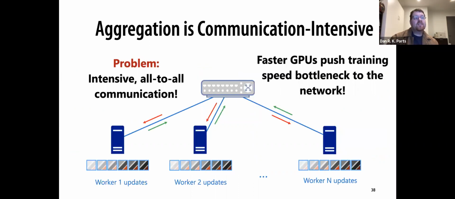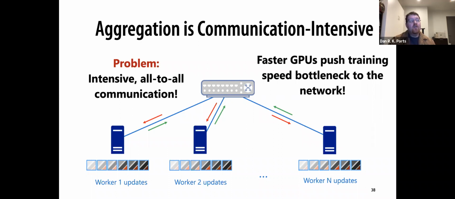So the problem is this aggregation phase. What's going on in this aggregation phase, conceptually, is that each worker needs to send its model update to all of the other workers so they can compute the average. Now, this isn't actually an n-squared all-to-all communication in practice, because there are various strategies like parameter servers and ring all reduce that will speed this up.